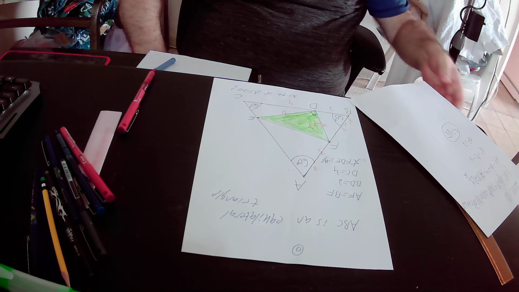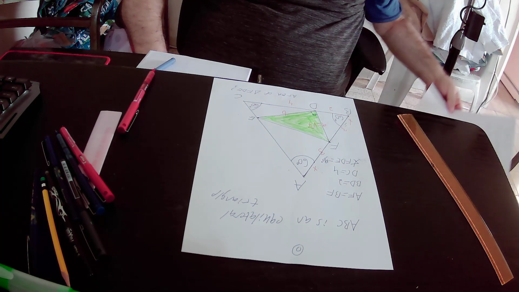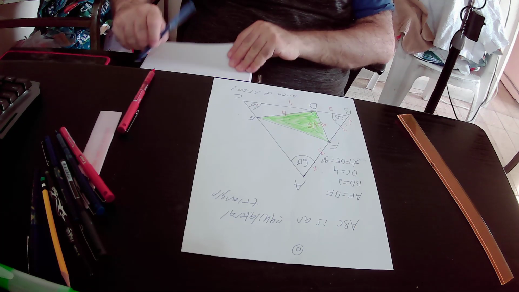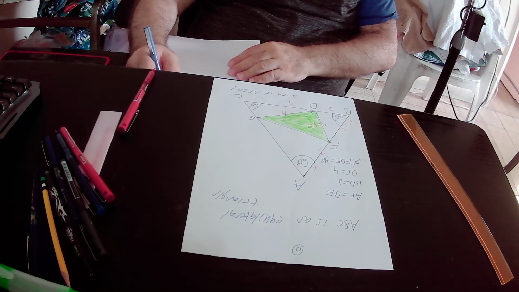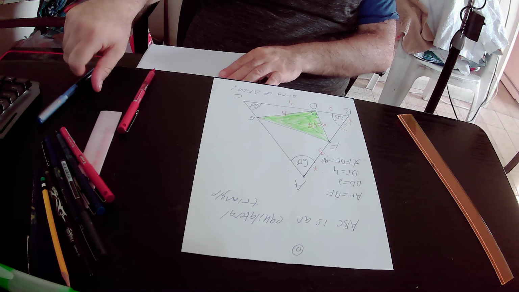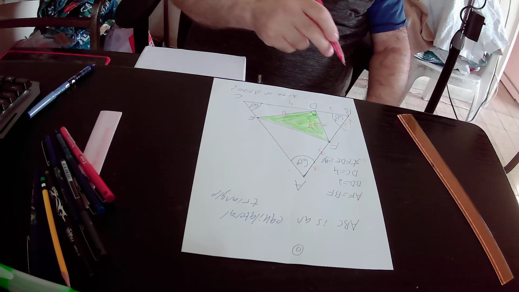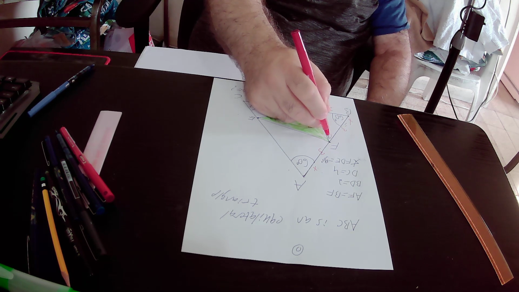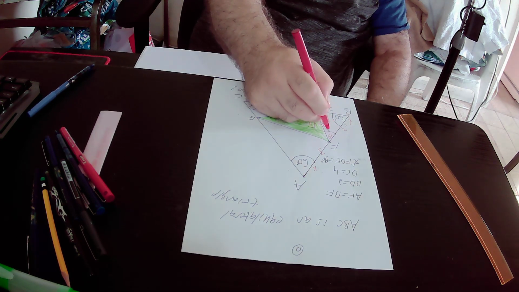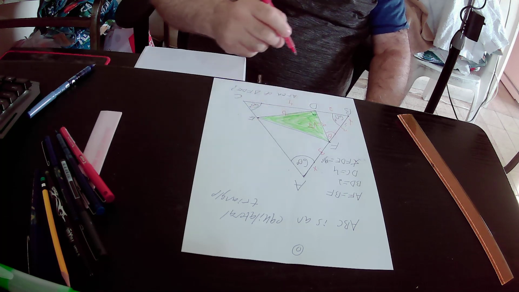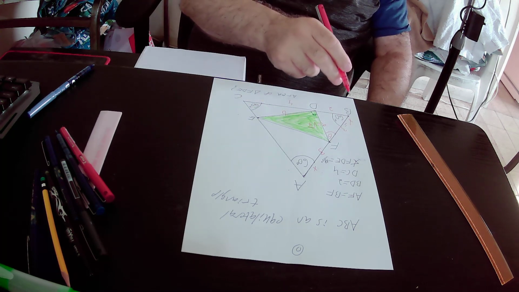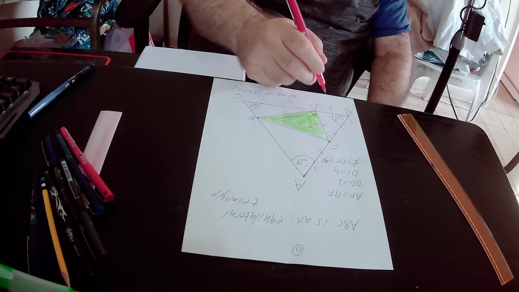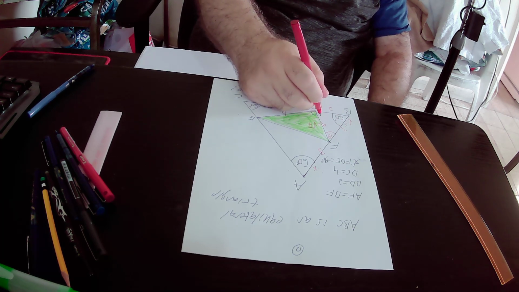In the next step we will define angle BFD as theta. This angle will be equal to theta, and we will define angle BDF as alpha.